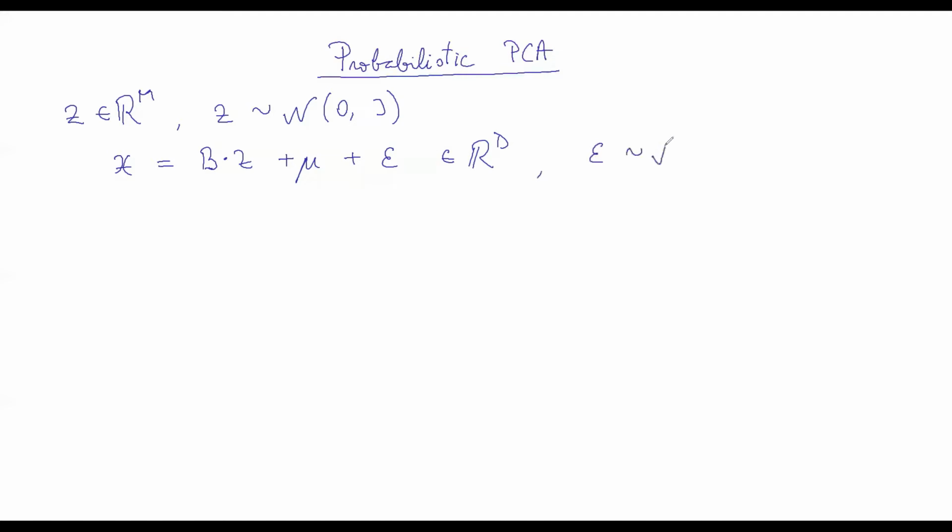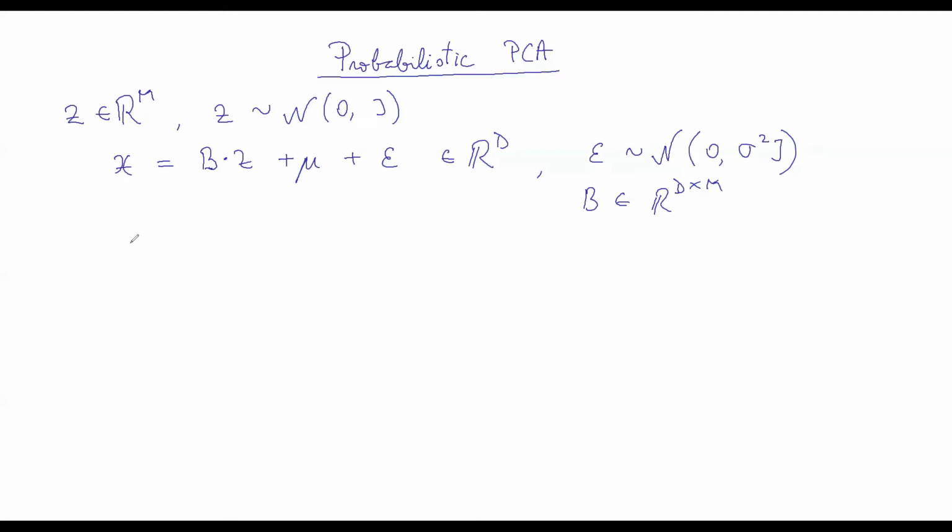This is the noise, a random variable around mean mu, so epsilon has mean 0 and covariance matrix sigma squared times I. And B is just like before the matrix D times M, which corresponds to the principal component basis.